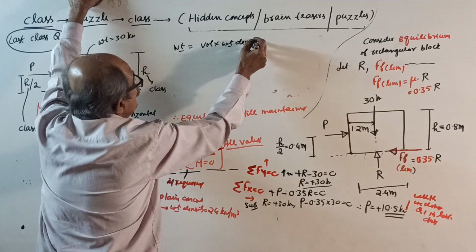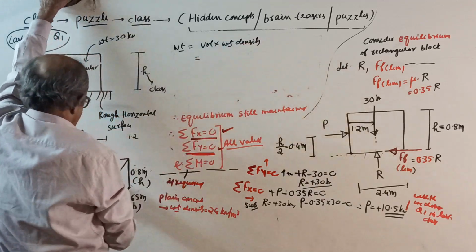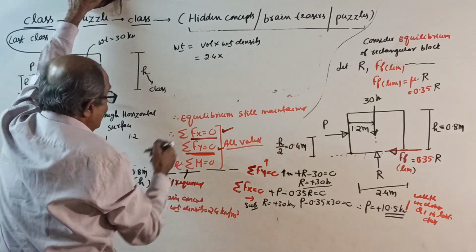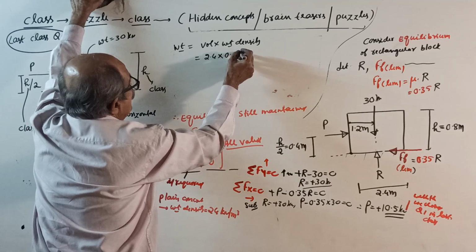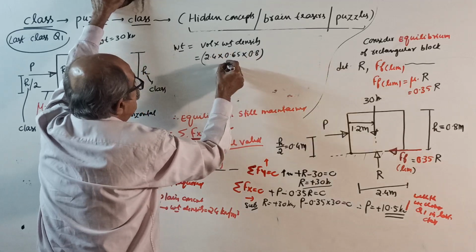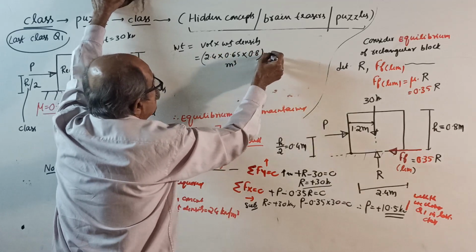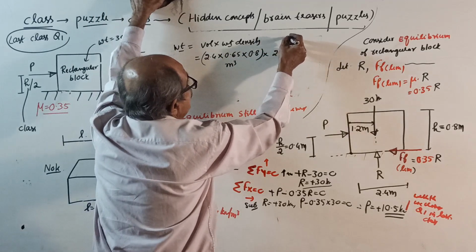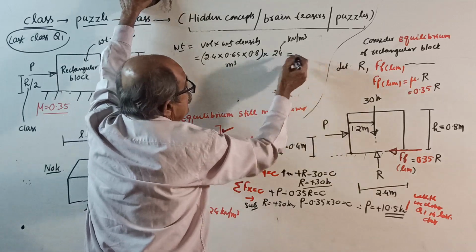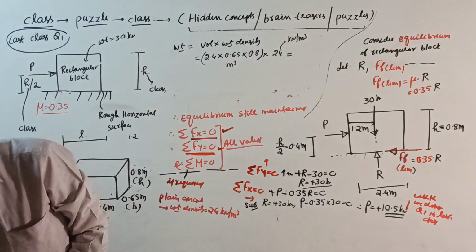This is elementary knowledge. Volume is 2.4 into 0.65 into 0.8 meter cube into 24 kilonewton per meter cube. Your weight will come. I will calculate the weight now.